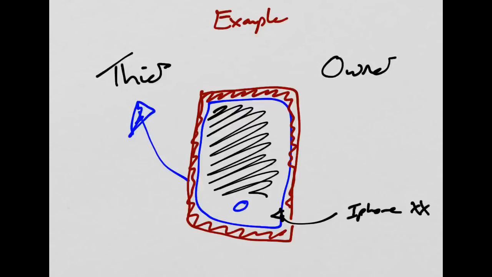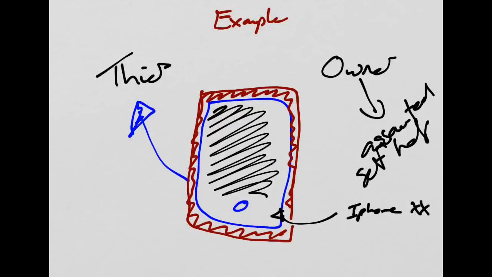Now the owner runs after the thief, gives the thief a very, very hard hitting piece of mind with the fist, and grabs the phone back and walks off. In other words, we have a situation here where the owner has assaulted the thief and has taken back the property by means of self-help.